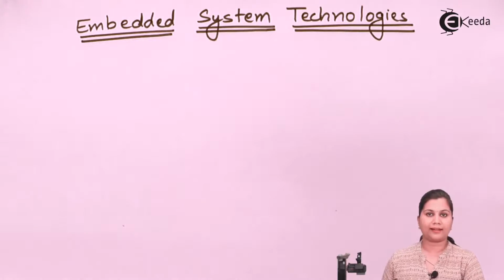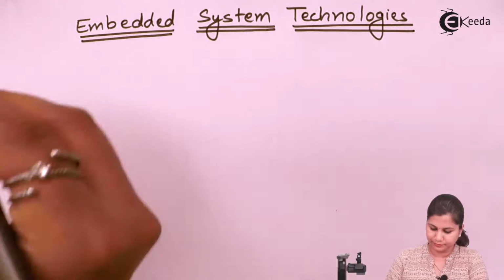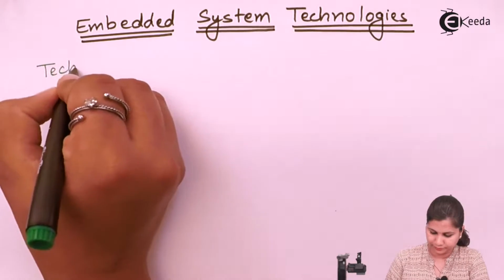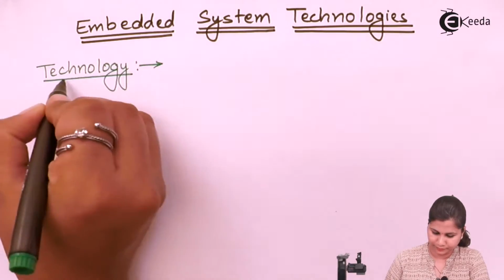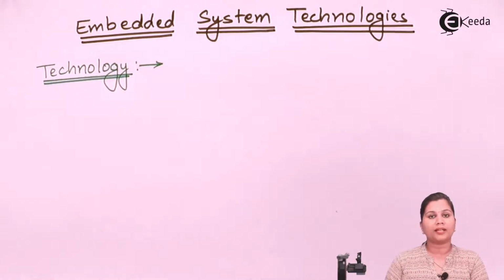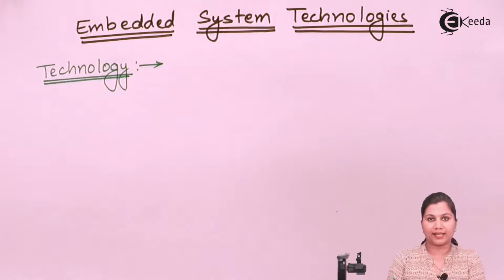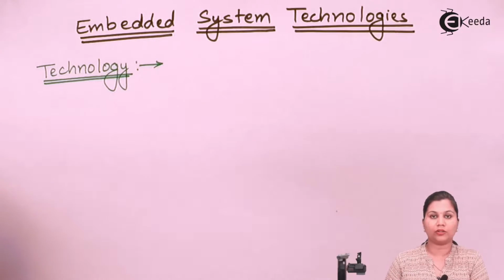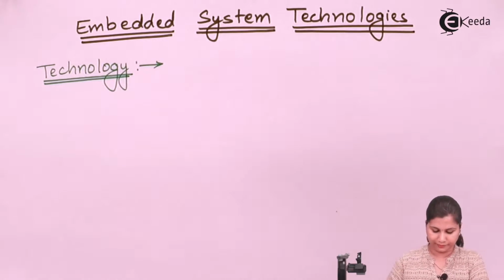So let us first understand what a technology is. Technology means the way or the manner in which a task is being accomplished. To accomplish a task, we can use different methods, different processes and knowledge.